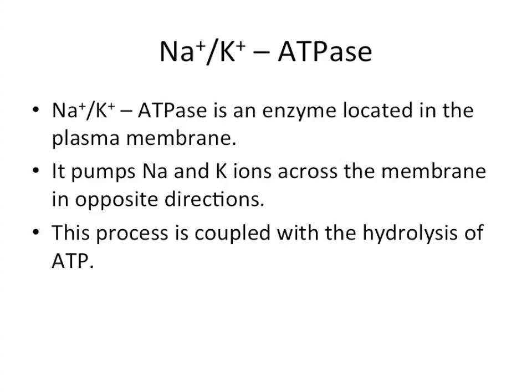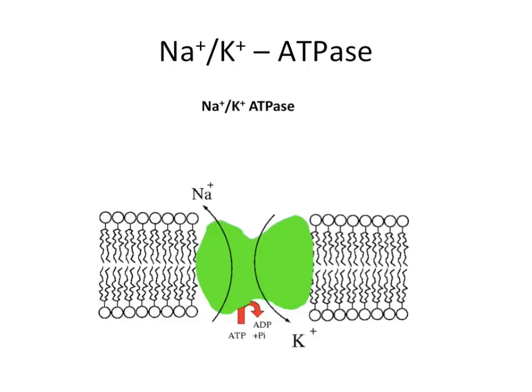We mentioned sodium potassium ATPase already. This is an enzyme located in the cell or plasma membrane, and this pumps sodium and potassium ions across the membrane in opposite directions. And again, this process is coupled with the hydrolysis of ATP. ATP serves as an energy source for this process. So this just shows you an illustration of that.